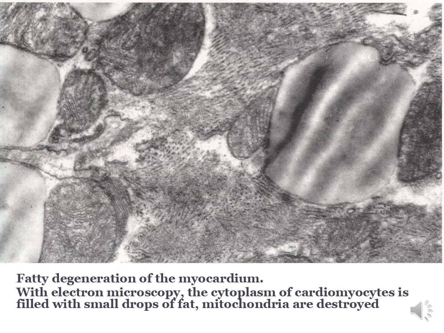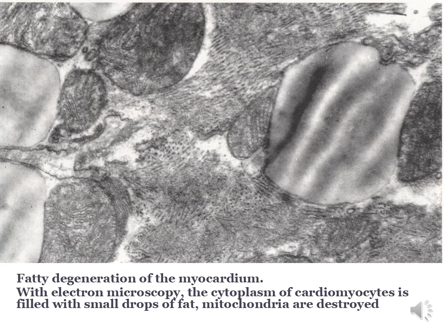Here, in the electron microscopic picture, we see fatty degeneration of the myocardium. With electron microscopy, the cytoplasm of cardiomyocytes is filled with small drops of fat. Mitochondria are destroyed.